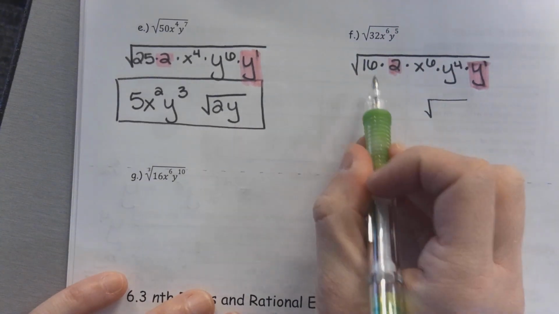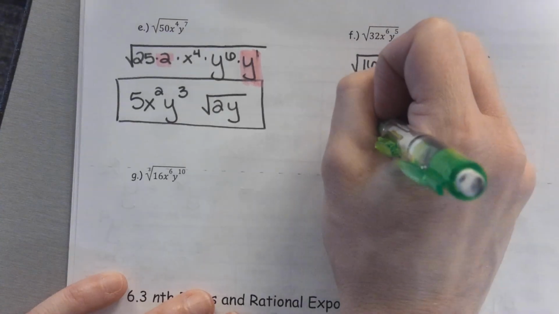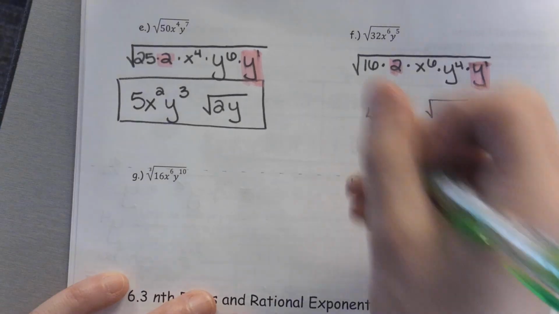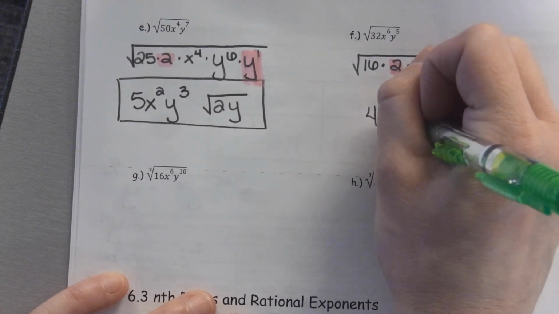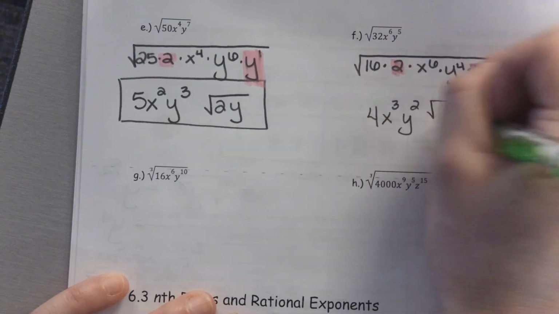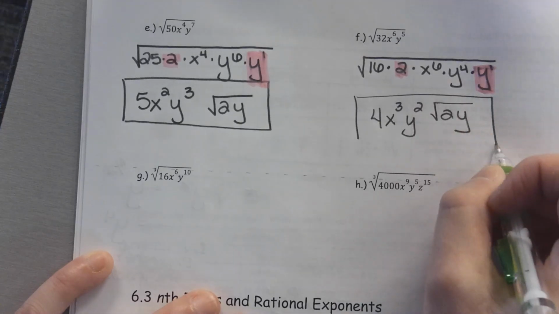All right. If I take the square root of 16, what is it? 4. What's the square root of x to the 6th? What's the square root of y to the 4th? And then these were my two pieces that I knew I couldn't take the square root of, and they stay underneath.